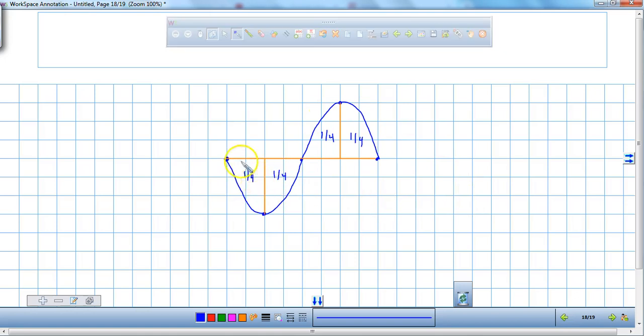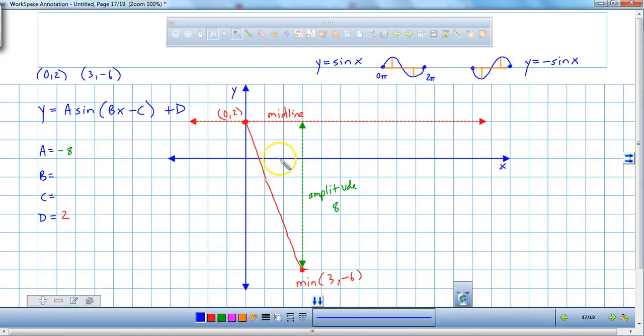Right now, it looks like in our graph we've only traveled 1/4 of the way through the whole graph. So what is the distance from here to here? The distance from right here to here is from 0 to 3. So basically we've only traveled 3 units.